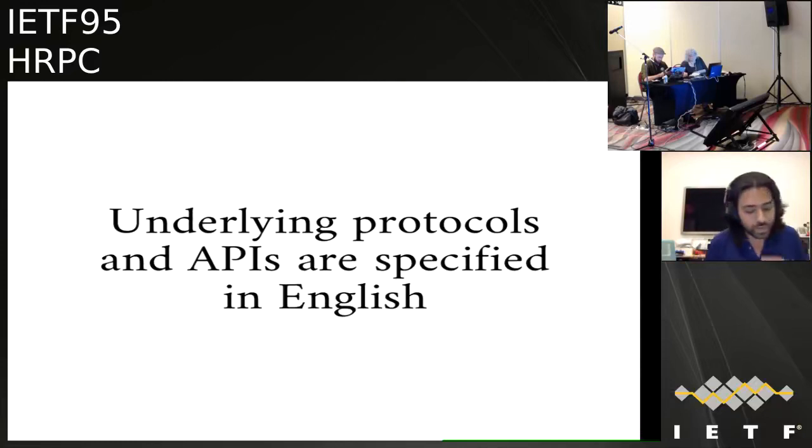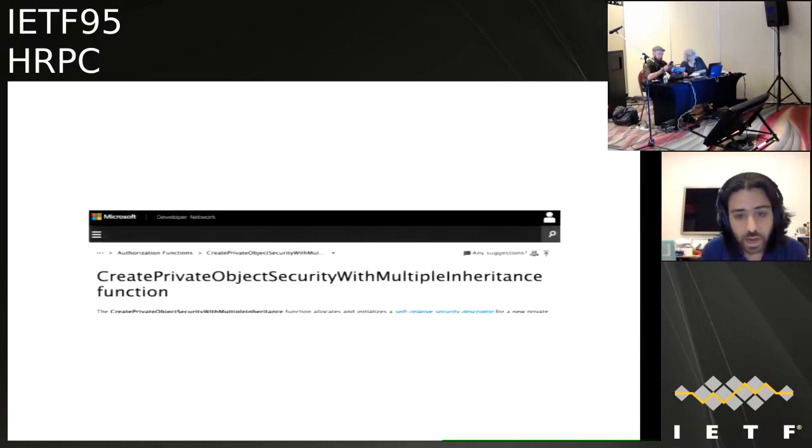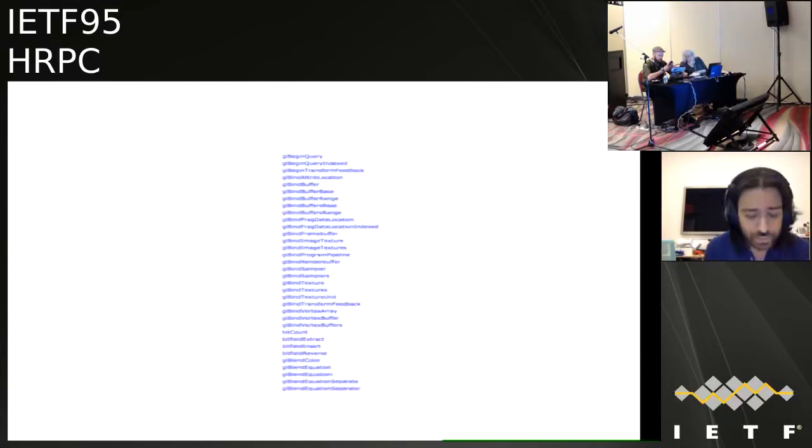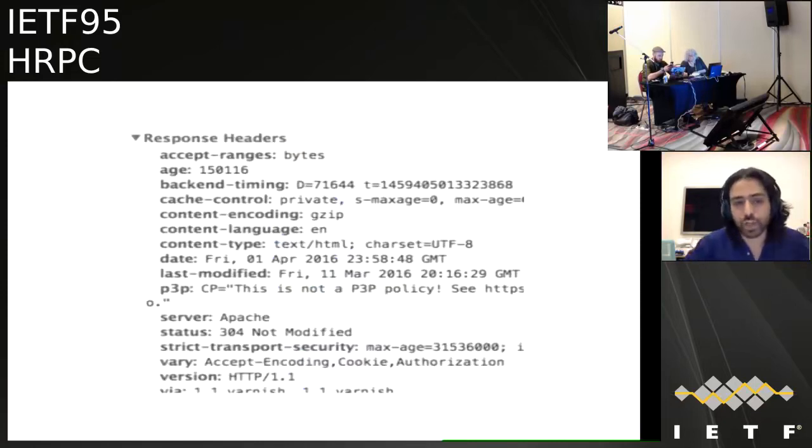And you can quickly cycle through the next 4 slides. These are examples from the C# standard library, the LLVM bitcode spec, OpenGL, and then finally HTTP. These are all human-readable protocols, right? These are all human-readable APIs.